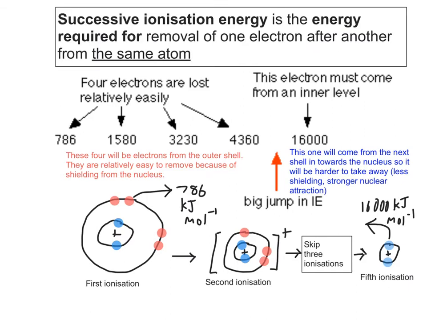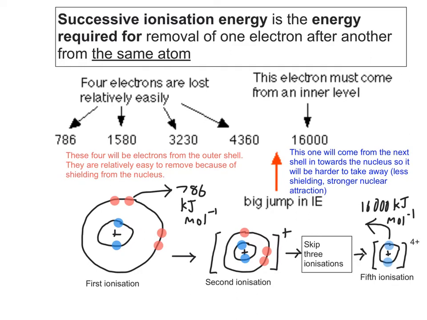So I should really change my title for this screen slightly, just to say successive ionization energy will be the energy required for removal of one electron after another from the same atom. So hopefully it illustrates now that to do this, it actually requires increased energy each time.